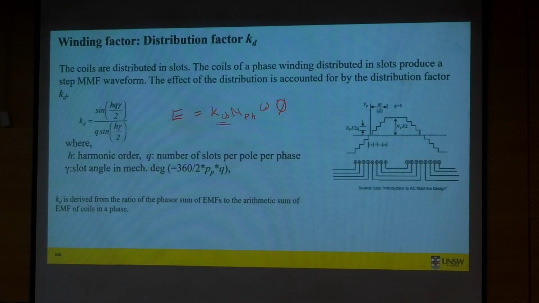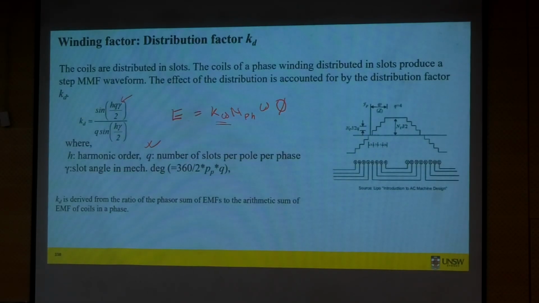You can see the empirical formula to calculate the distribution factor. It depends on slots per pole per phase, SPP, and on your slot angle. So these two will determine how high your distribution factor could be.